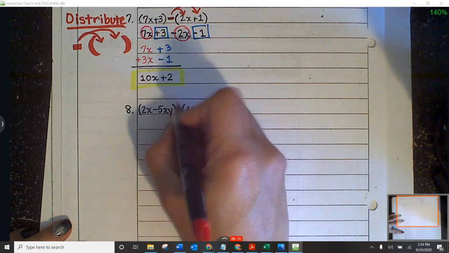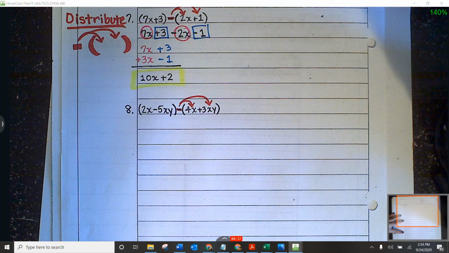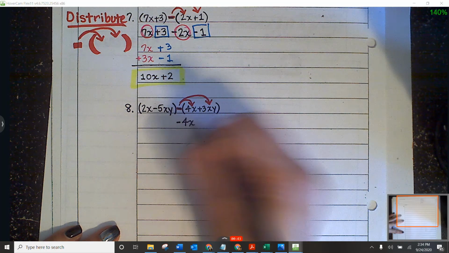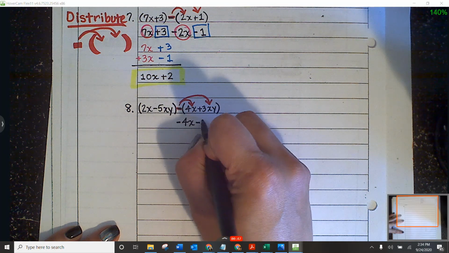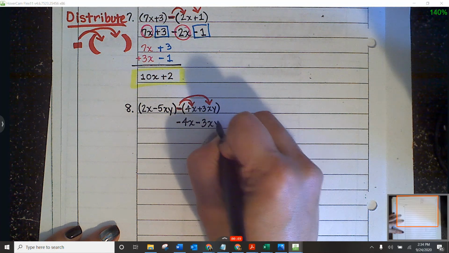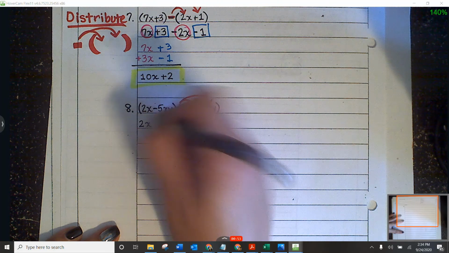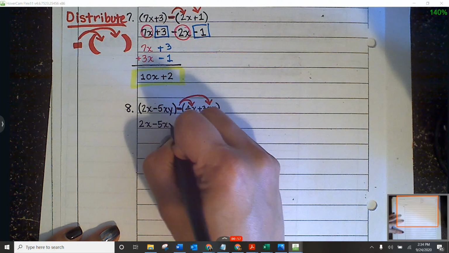So this negative is going to be distributed to both of them, just like last time. Now that gives me negative 4x, and then negative times a positive is another negative 3xy. And at this point, I'm just going to bring everything down. 2x minus 5xy.